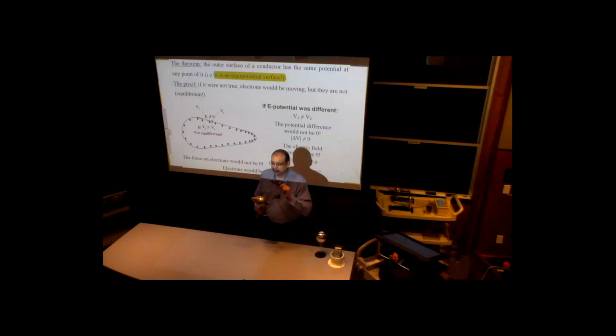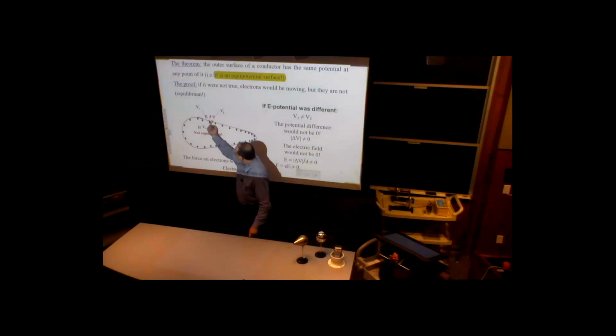Why? Because we put electrons, we wait a fraction of a second, they run around, and eventually, due to internal resistance, they're not moving anymore, they stop. If they stop, that means there is no force anymore acting parallel to the surface.